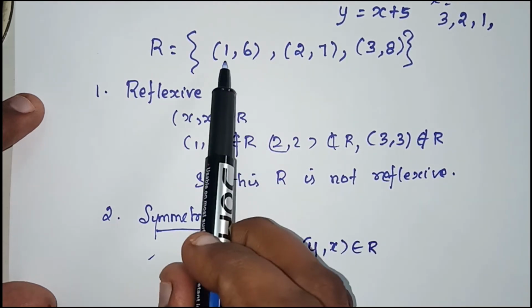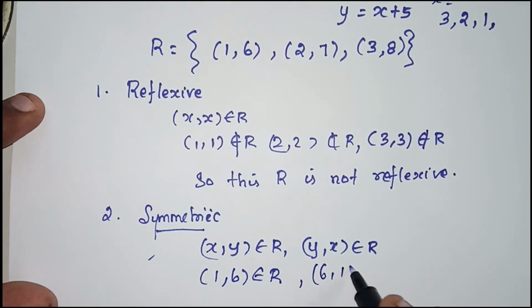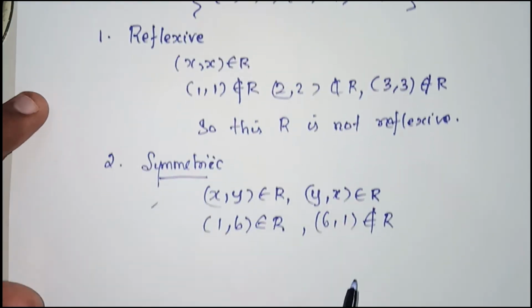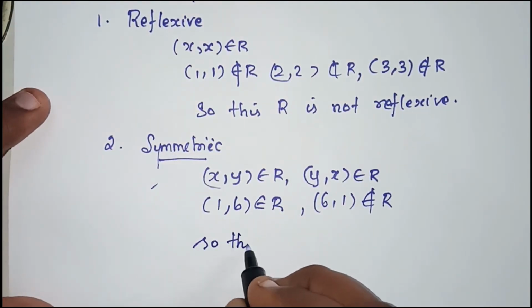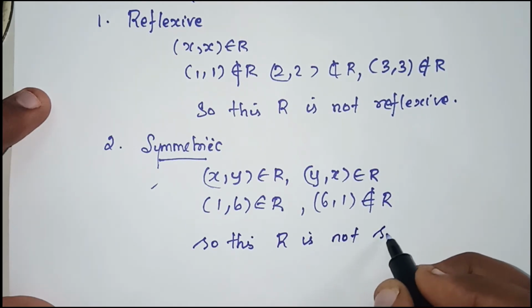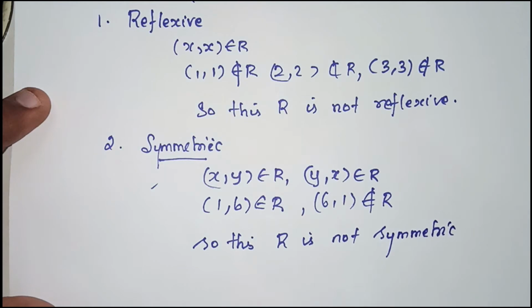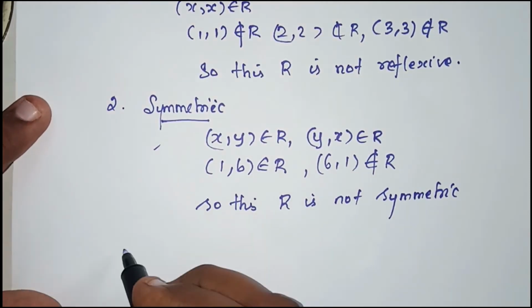If we take 1 comma 6, it is available in this relation set, but 6 comma 1 is not available in R. So this relation is not symmetric. So it is very easy, but before that we need to know the basic conditions for reflexive, symmetric and transitive.